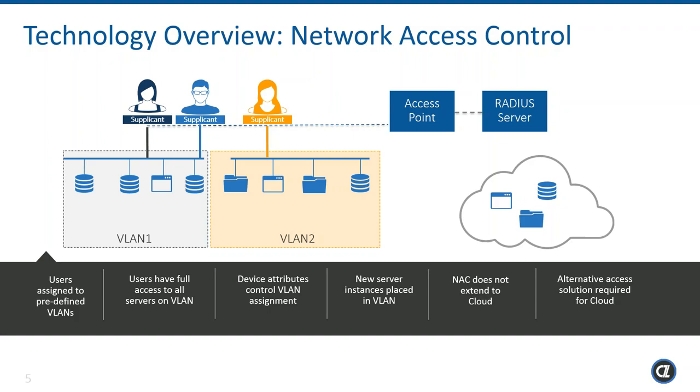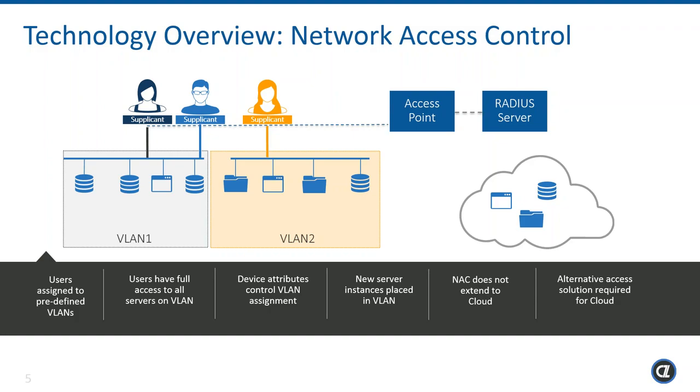A VLAN is effectively a network overlay that defines a group of servers on the network in a way that's enforced at the network infrastructure level, but allows you to logically group servers based on, for example, risk or business function.